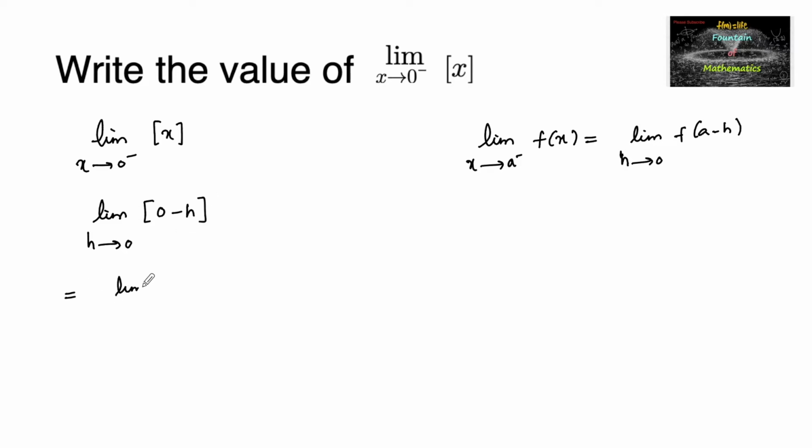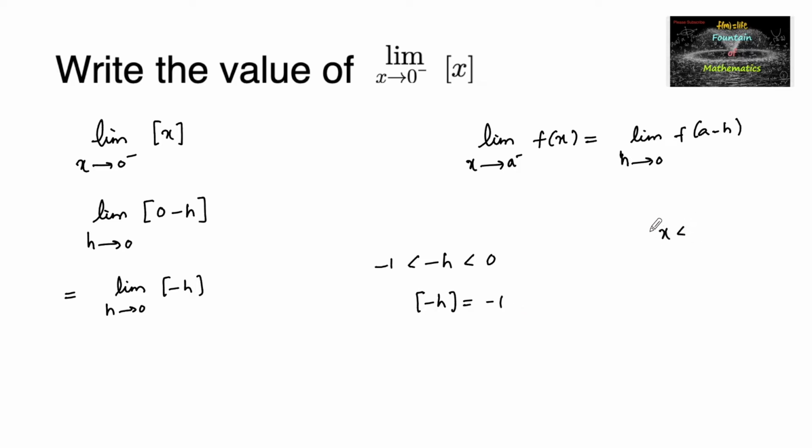So that is limit h tends to 0 step of minus h. Here minus h lies between minus 1 and 0 because it is below 0. So step of minus h will be taken as minus 1.